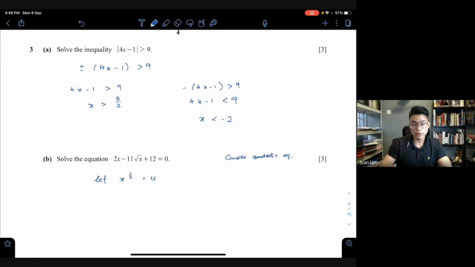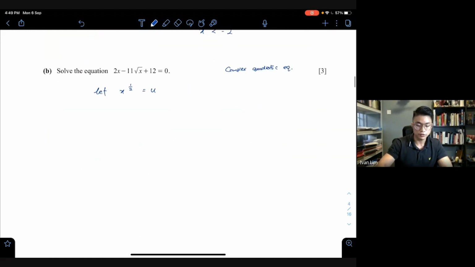All right, you need to get this step right, because if you cannot identify this step, then it's very hard for you all to do. Don't square the whole thing also, because we don't need to change it to x squared. Okay, don't do that. You won't be able to get the answer. So you'll get 2u squared minus 11u plus 12 equals to 0.